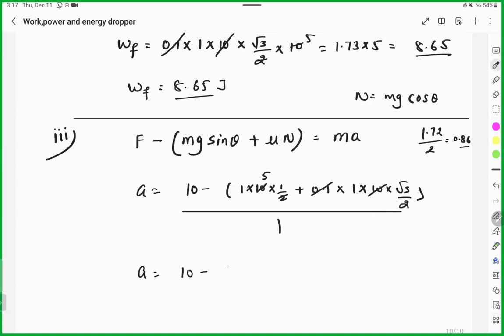Correct. So 5 plus 0.86, correct. So 10 minus 5.86. Answer will be 4.14 something. If you get 4.1 something or near 4, it is correct. Any doubt?